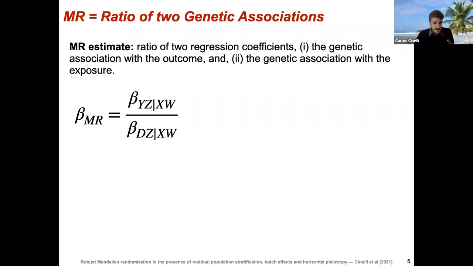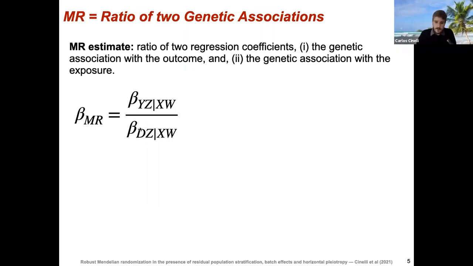So a Mendelian randomization study is basically an instrumental variables study. And the traditional IV estimate consists of the ratio of two regression coefficients, right? So here we have the ratio of the regression coefficient where you regress the outcome trait on the polygenic risk score, divided by the regression coefficient where you regress the exposure trait on the polygenic risk score.